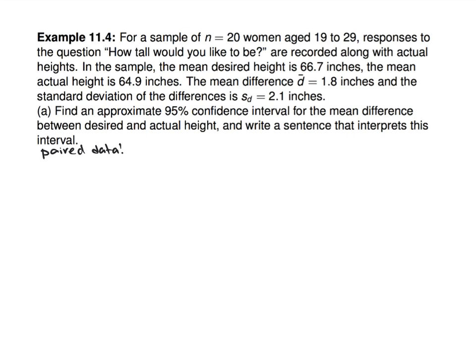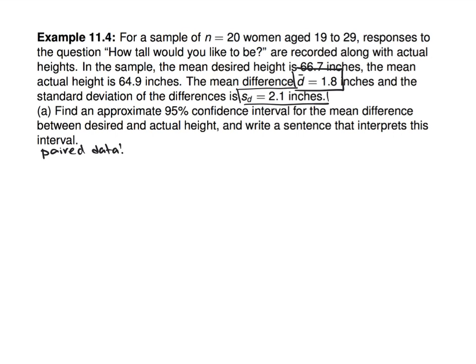Okay, in the sample, the mean desired height is 66.7 inches, and the mean actual height is 64.9. The mean difference is 1.8 inches, and the standard deviation of the differences is 2.1.